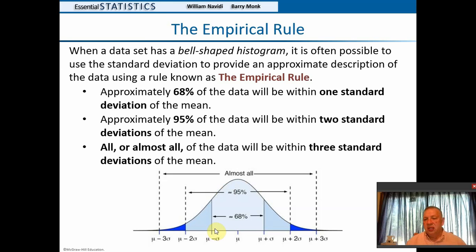In other books we'll see it later, something like 99.7%, so almost all of the data, 99 of the values, would be there. That's the empirical rule. If I'm just given two numbers, the mean and the standard deviation, I can determine the range and how the data is laid out.